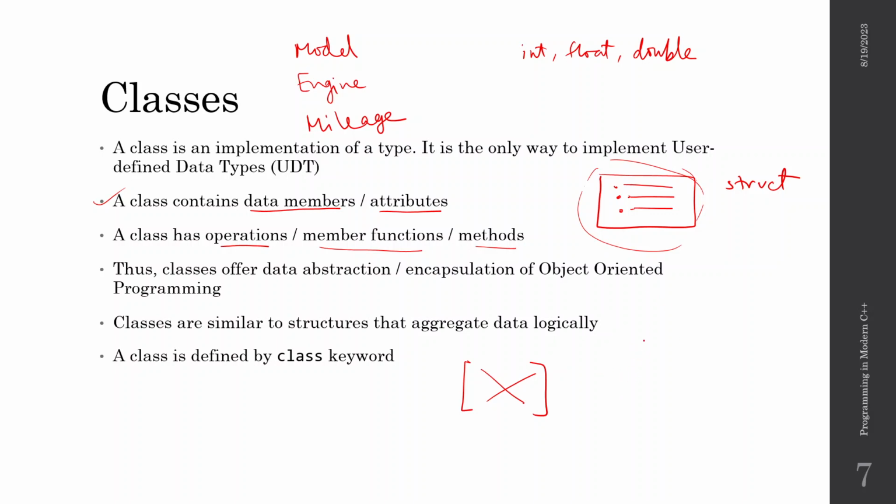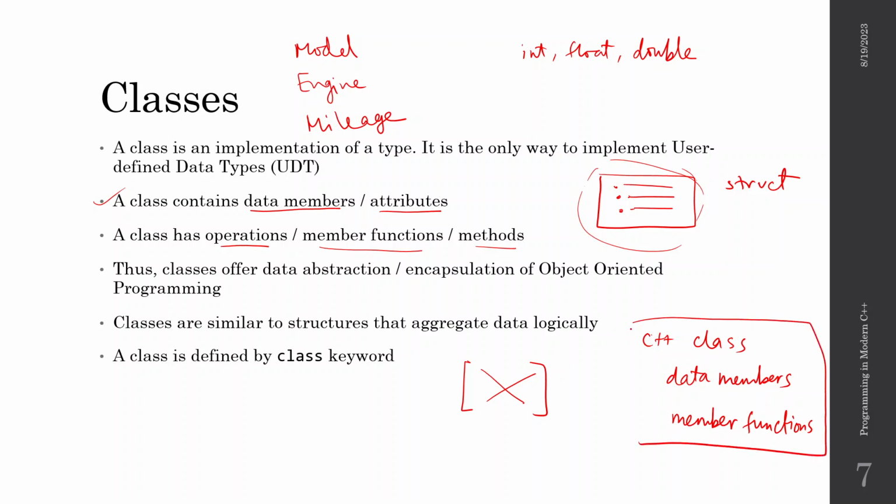So a C++ class consists of data members and member functions, and combining these two we create a C++ class.